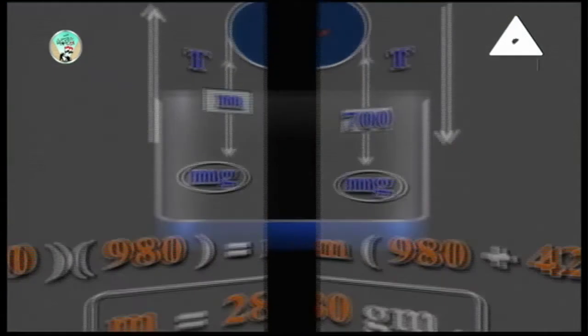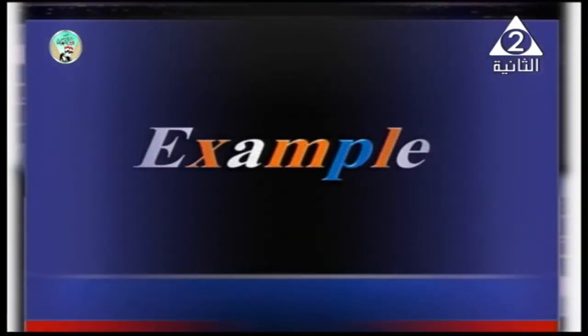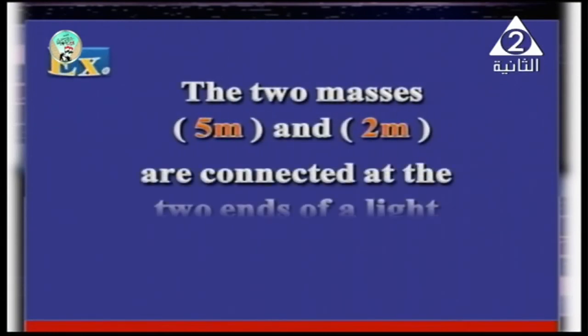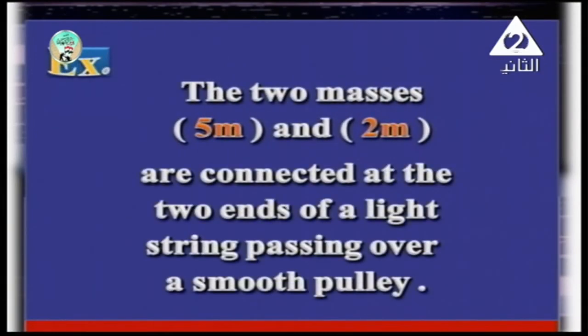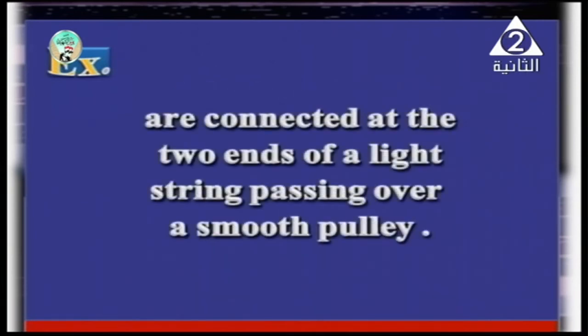Another example. Two masses 5m and 2m are connected at the two ends of a light string passing over a smooth pulley.